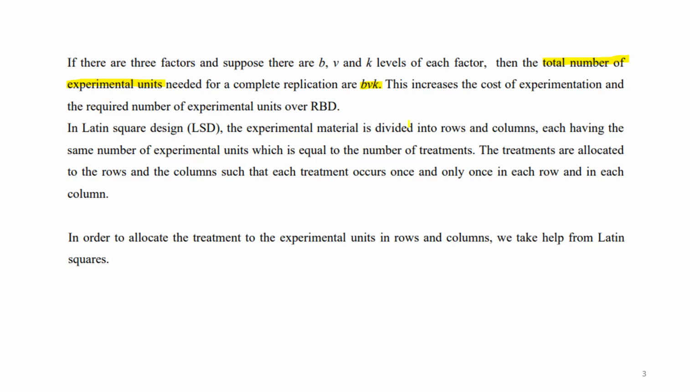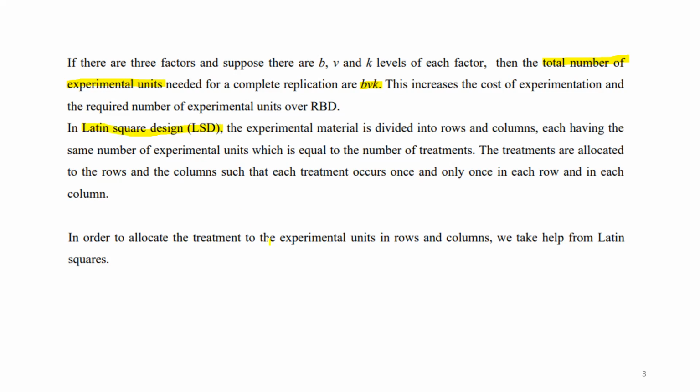So rather than the randomized complete block design, this has more experimental cost and requires more experimental units. That is one difference between CRD and LSD. I am using LSD to stand for Latin square design.